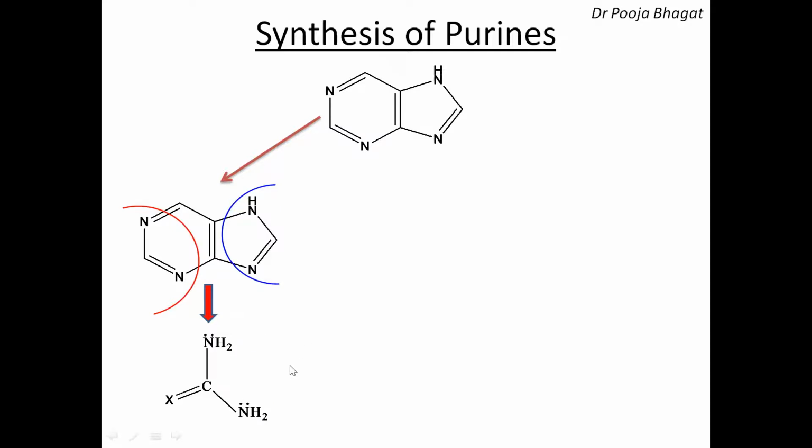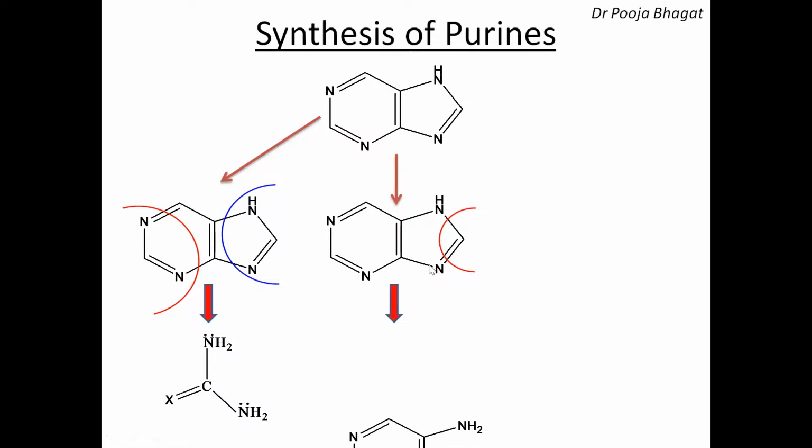Then the second strategy. Can you find out how we can do it? Cleave the molecule from here, which means the pyrimidine ring is intact. We will start with the pyrimidine nucleus with 2 amino groups at these positions.